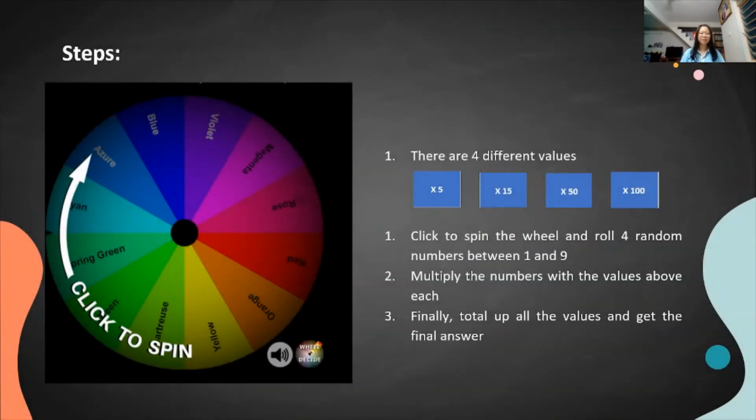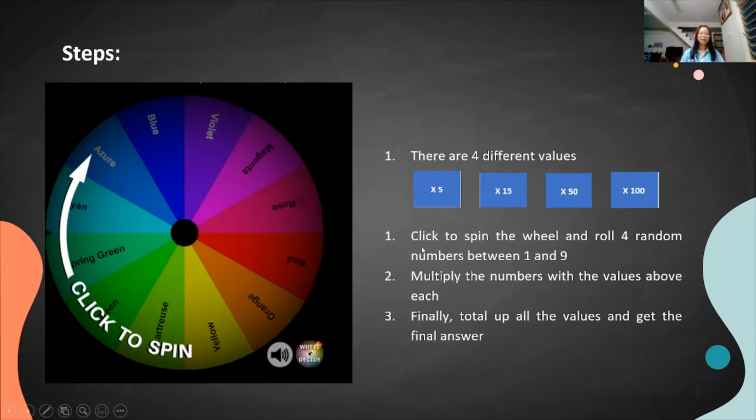Well, now I'm going to show the steps in playing this game. Similarly, there are 4 different values here. However, I would like to use 4 picture cards to represent the recycled paper balls that my friend the musician stated in her kit.